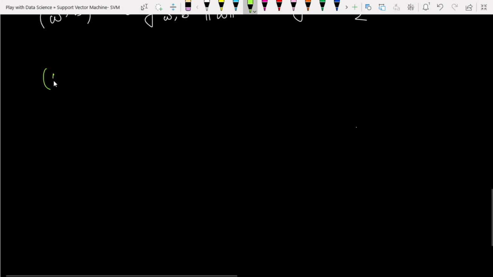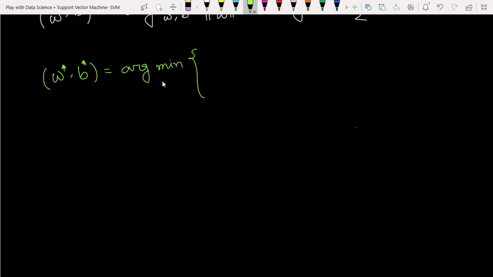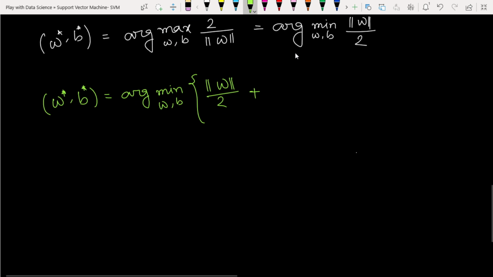So our soft margin equation now will be: we are interested in calculating W star and B star, that is the argmin over all W and B of norm W squared by 2 plus one more thing.